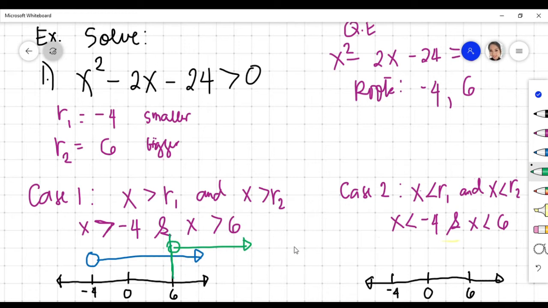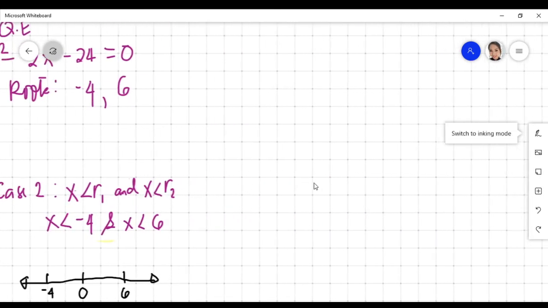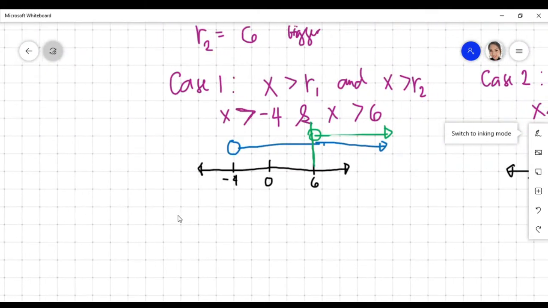Up to that side, because our x greater than -4 extends. So eventually, from here, it will join on this part.